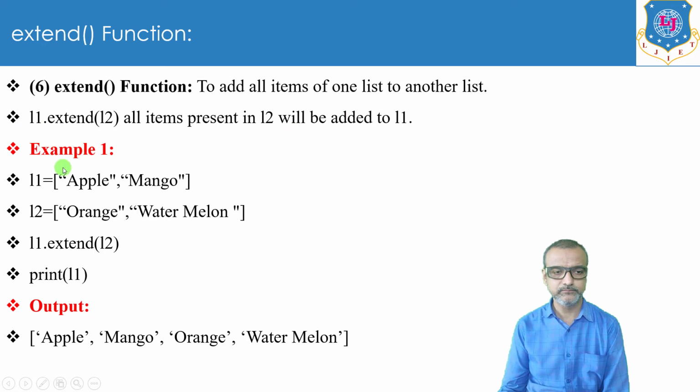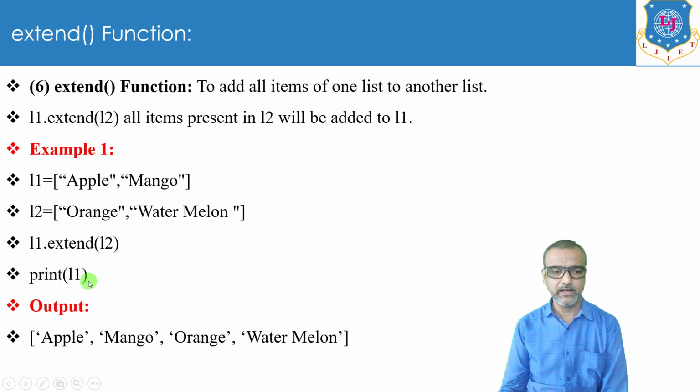For example, L1 equals apple, mango, and in list L2 we have orange and watermelon. So if I write L1.extend(L2), all the elements of L2, in this case orange and watermelon, will be added to L1.